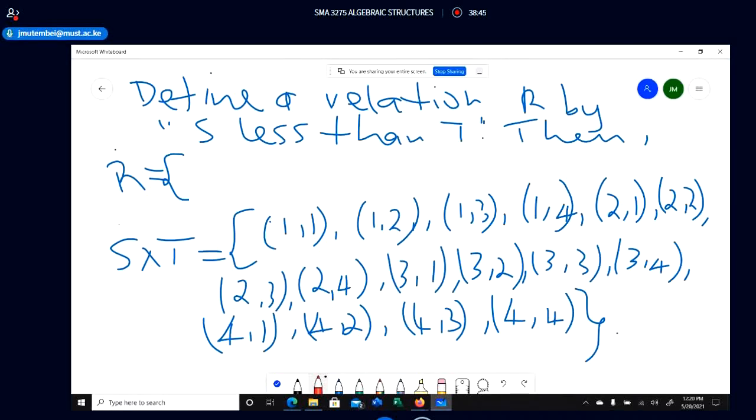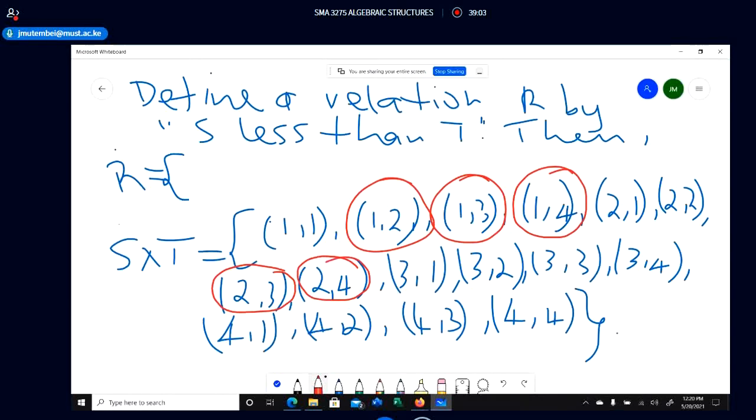So I will circle with a different color the ones that satisfy my relation R. 2 is less than 3, 2 is less than 4, 3 is not less than 2, 3 is not less than 1, 3 is not less than 3, 3 is less than 4. All the others do not satisfy.